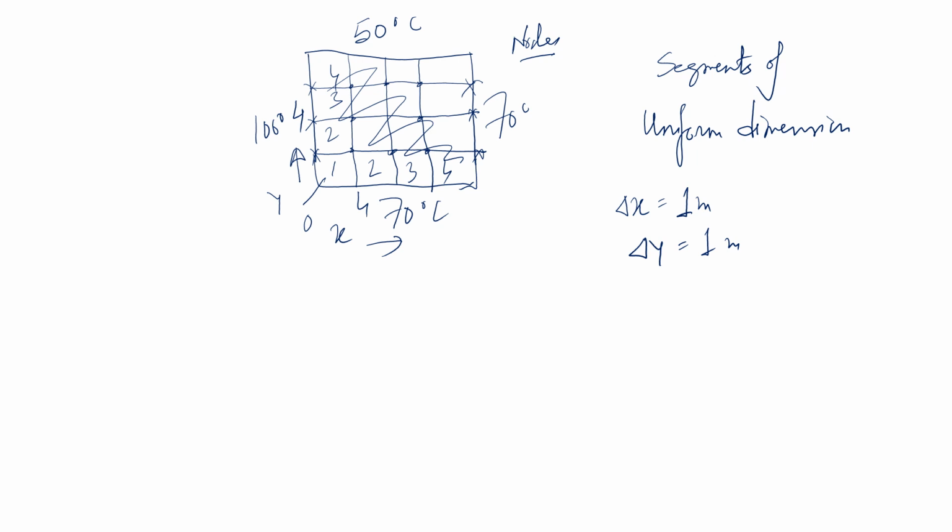are known, because we know that the temperature at the edge is 70 degrees centigrade in the right hand side, in the downward side also 70 degrees, left hand side 100, and upside 50 degrees centigrade. So if the edge is at this temperature, then all the points at the edge is also in the same temperature.